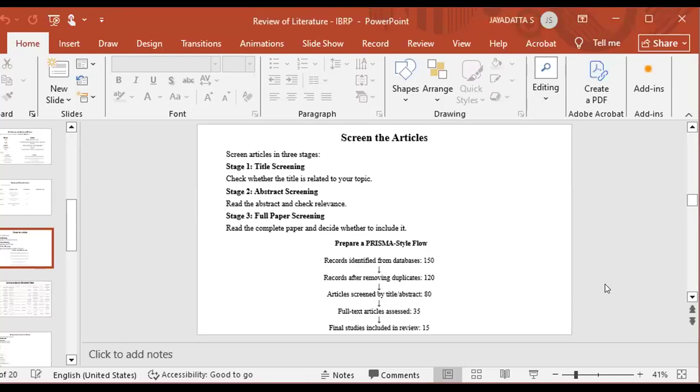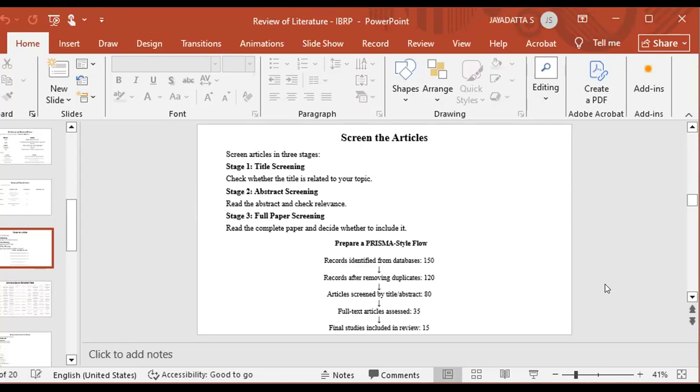Then comes full paper screening. Once you have read the abstract, you also need to go ahead and read the full paper, which means reading the complete paper and deciding whether to include it or not. Whether to include it depends upon your own ideas or ideology, your topic in hand, and the keywords you have selected related to the topic of the study.